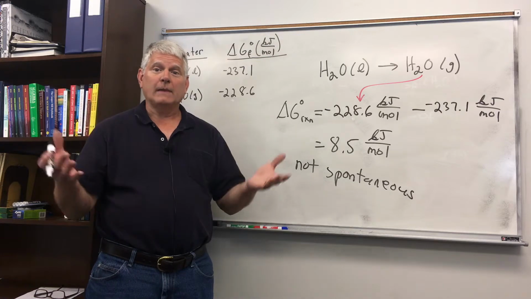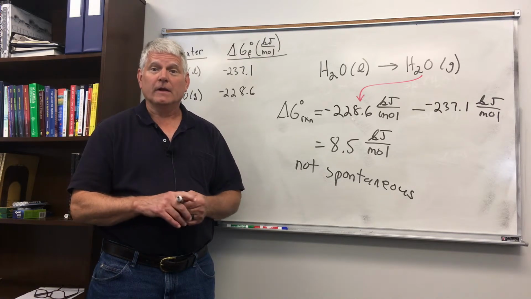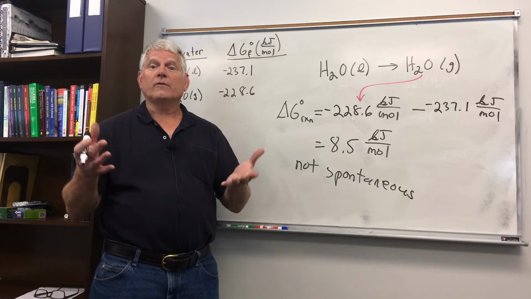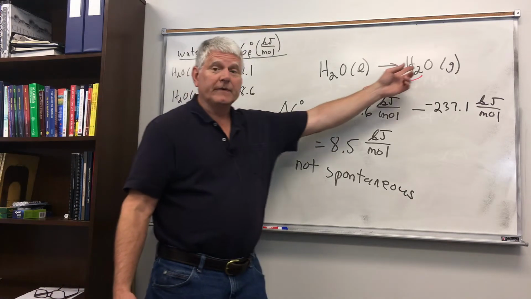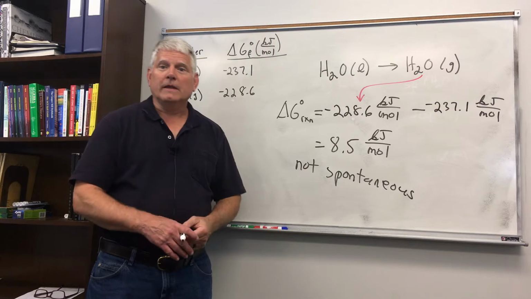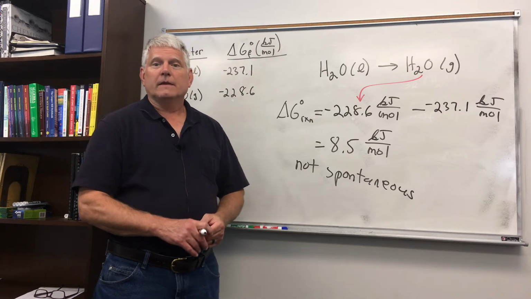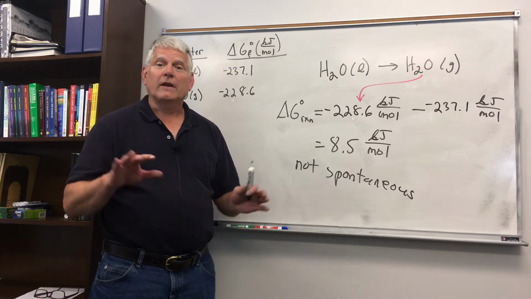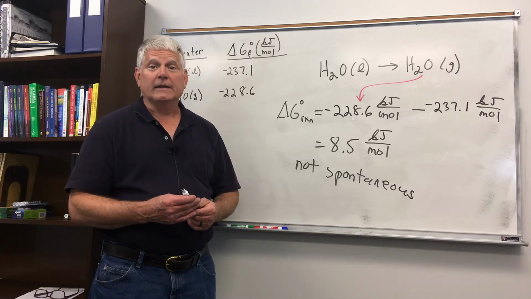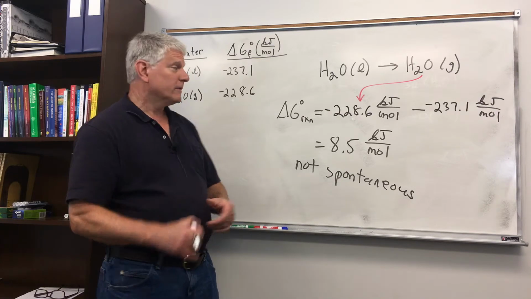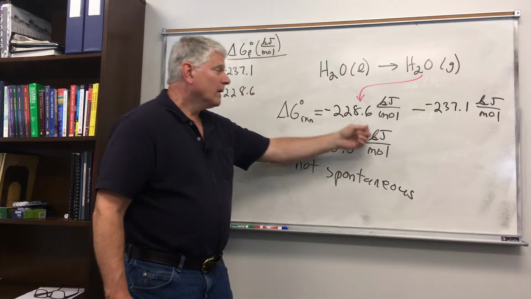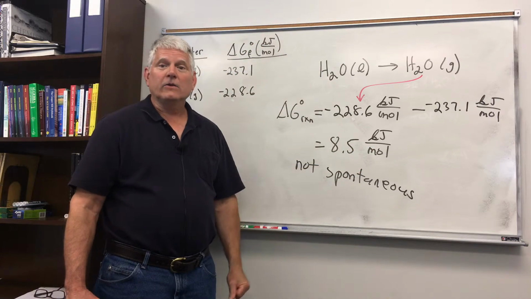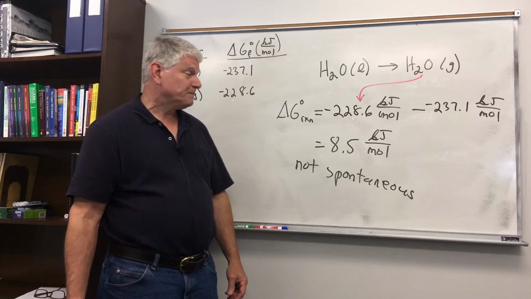The total atmospheric pressure is about 1 atmosphere, but the actual water vapor pressure is very, very small, much less than 1 atmosphere. Even in Humid, Mississippi, the partial pressure of water in the air is very small. So one thing we're doing is using values from a table that don't pertain to the actual system.